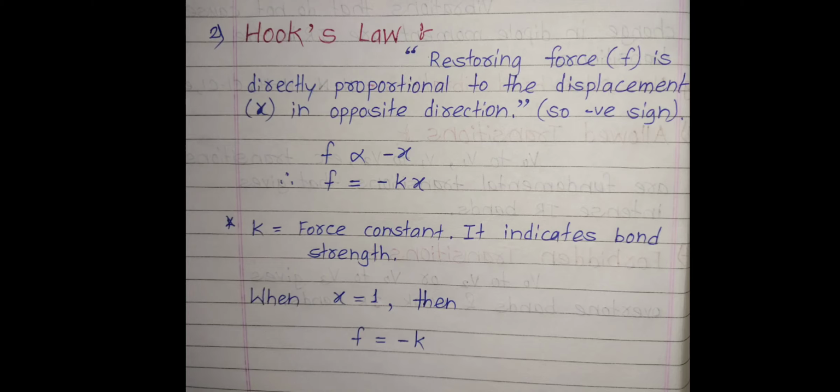So what is meant by k? K is equal to force constant. K means force constant and it indicates bond strength. It indicates bond strength. When x is equal to 1, then F is equal to minus k. It is the second point.